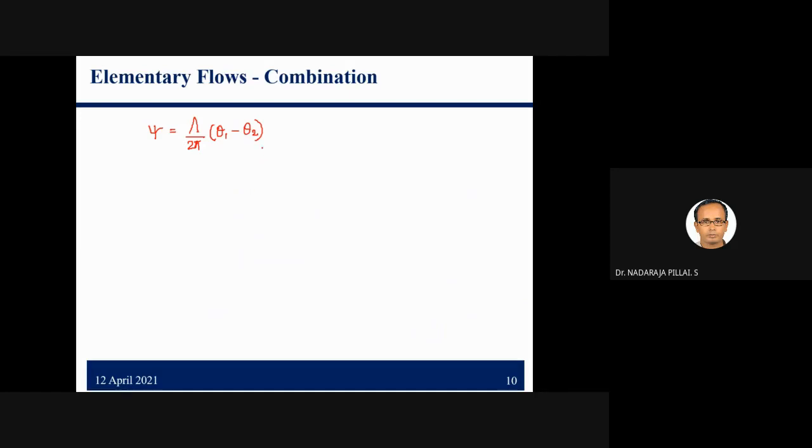What I want to calculate is delta theta, so I write del theta is equal to theta 2 minus theta 1, and hence I can write psi is equal to minus lambda by 2 pi into del theta.